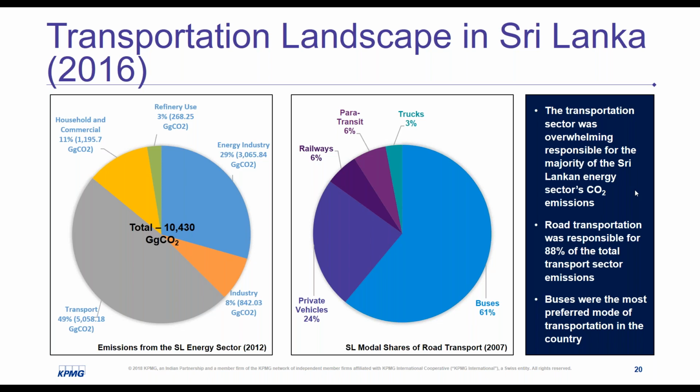So whether it is CDM, NAMAs, or the GCF's new programs, we are seeing in almost all of these instruments that MRV plays a very important role, and I think it is required as well.